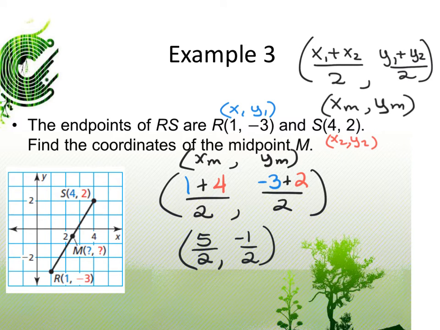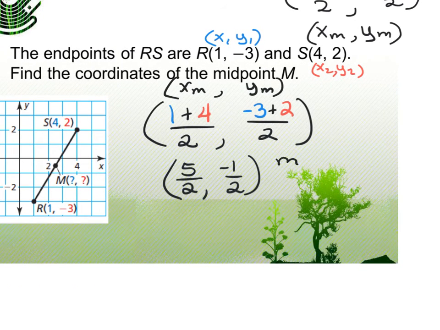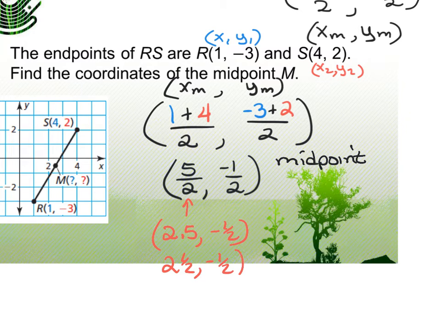This is the midpoint. You can leave it like this, but if I had to graph this ordered pair, I would change the improper fraction into a mixed number. You could write it as 2.5 comma negative half, or as a mixed number.